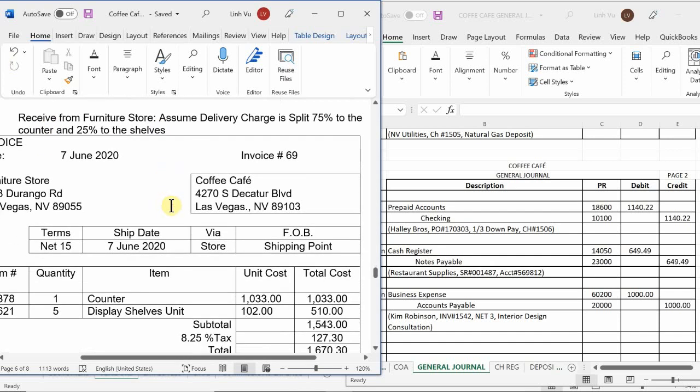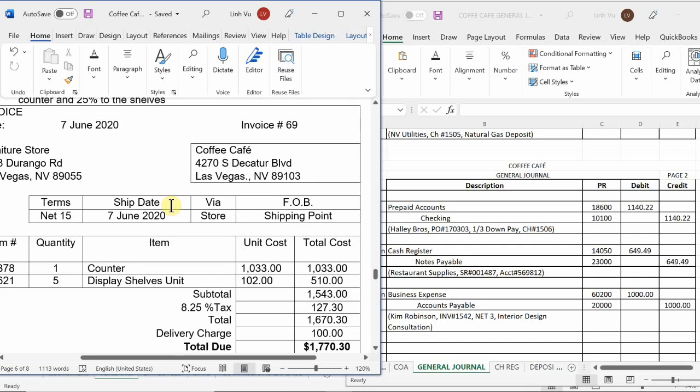Well, let's take a look at this bill. In this case, we received our counter and our shelves first. Here it gives you the details. I purchased one counter and 5 display shelves, okay? Each with the numbers here, giving you a grand total of $1,543, okay?